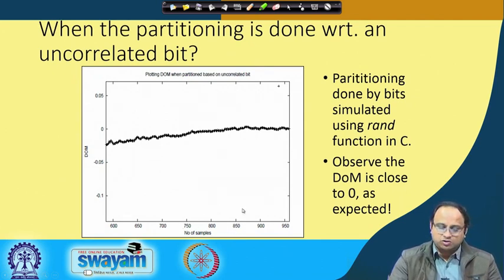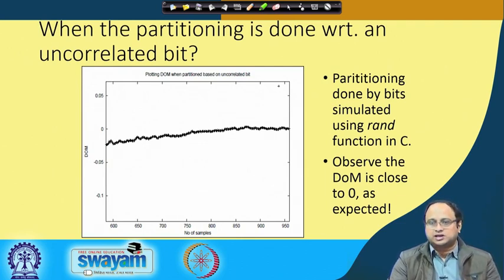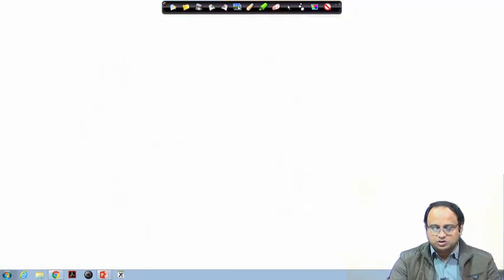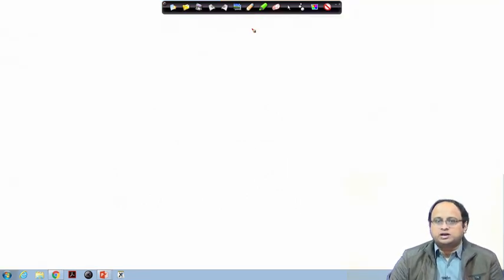On the other hand, when you are doing the partitioning with respect to a correlated bit, that means for example the LSB of S, it could be any other bit of S also, it could also be the XOR or exclusive OR of these bits as well, you will find that the difference of mean will get to some non-zero values. Okay. So you can try to imagine that you can use this to conceptualize a simple difference of mean attack.